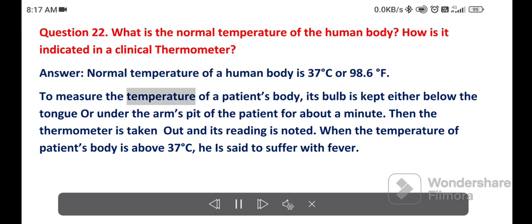To measure the temperature of a patient's body, its bulb is kept either below the tongue or under the armpit of the patient for about a minute. Then the thermometer is taken out and its reading is noted. When the temperature of a patient's body is above 37 degrees Celsius, he is said to suffer with fever.